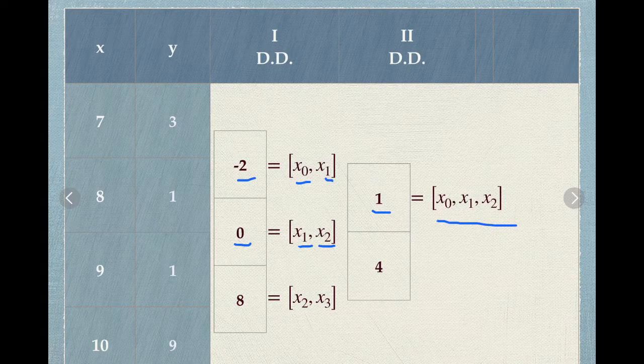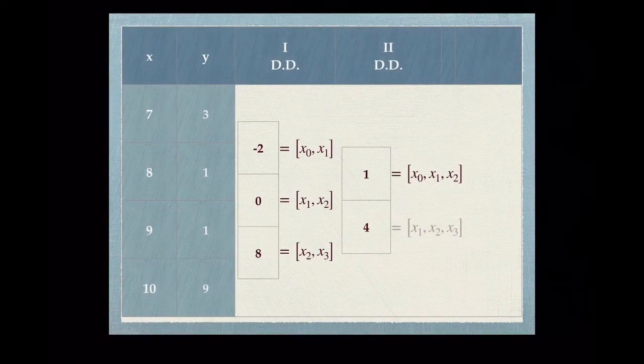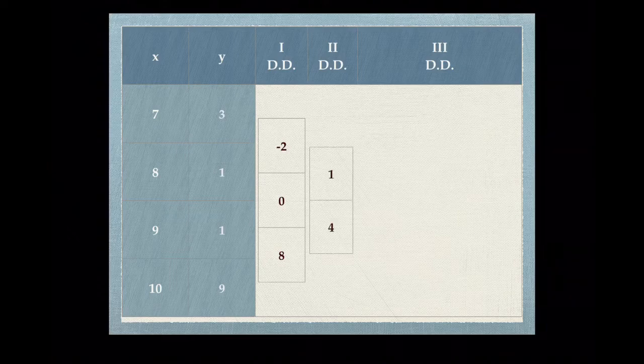Right? So with the same logic, the second term of second divided difference is represented as x1 comma x2 comma x3 under the square bracket. So with these values, we will proceed further to find the third divided difference. Of course, the formula is x1 comma x2 comma x3 under the square bracket minus x0 comma x1 comma x2 under the square bracket.